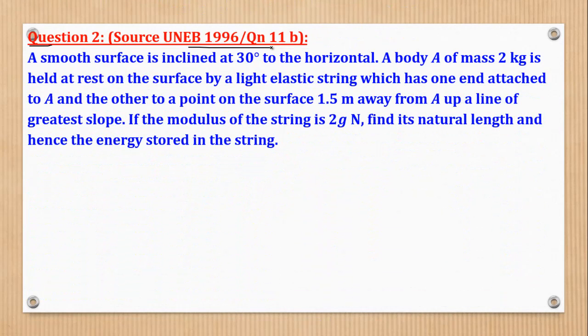Question 2 came from UNEB of 1996, part 2, question 11b, and it says, a smooth surface is inclined at 30 degrees to the horizontal. A body A of mass 2 kilograms is held at rest on the surface by a light elastic string, which has one end attached to A and the other to a point on the surface 1.5 meters away from A up a line of greatest slope.